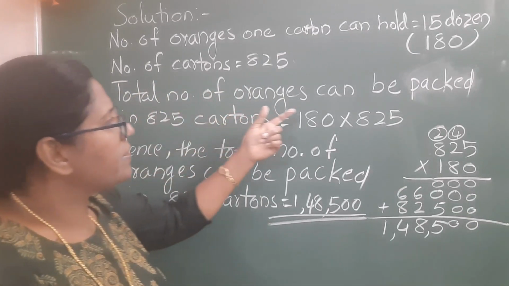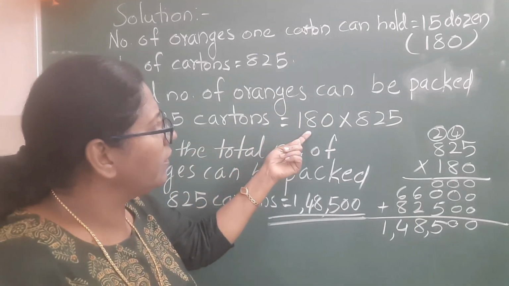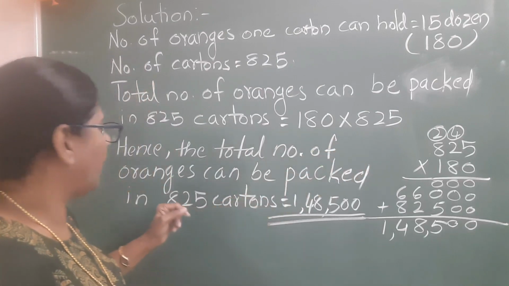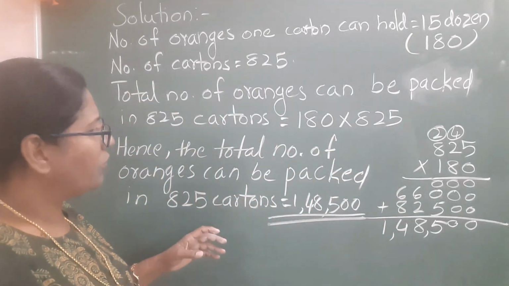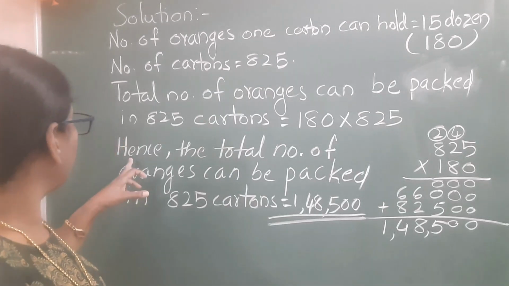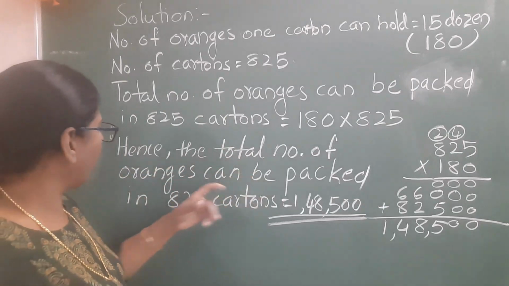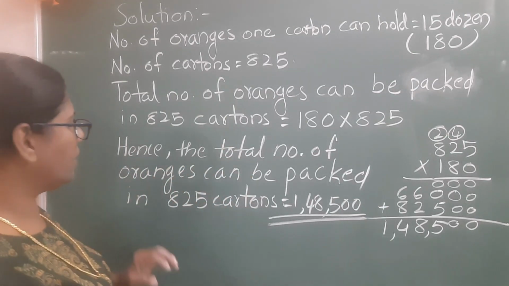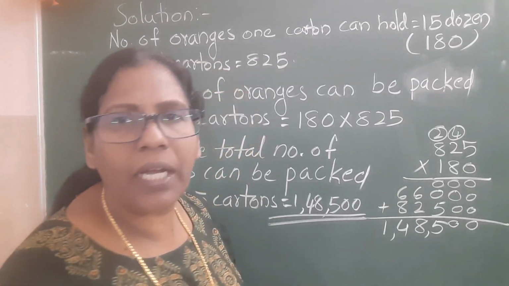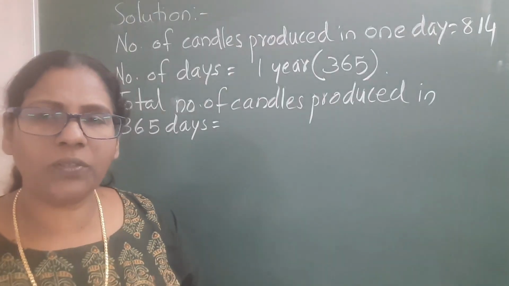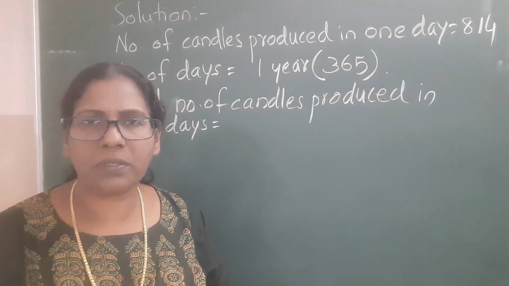Total number of oranges that can be packed in 825 cartons is equal to 180 into 825. After doing the multiplication, we got the answer 1,48,500. So the last statement is, hence the total number of oranges can be packed in 825 cartons is equal to 1,48,500.